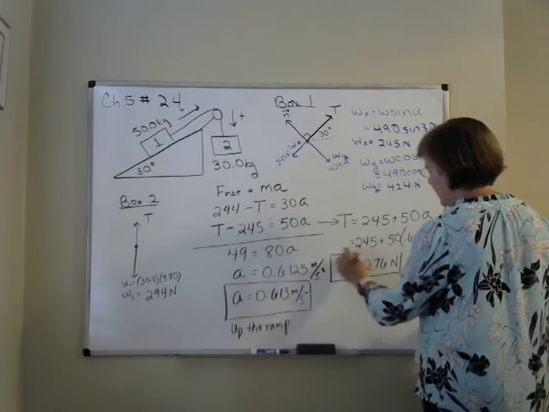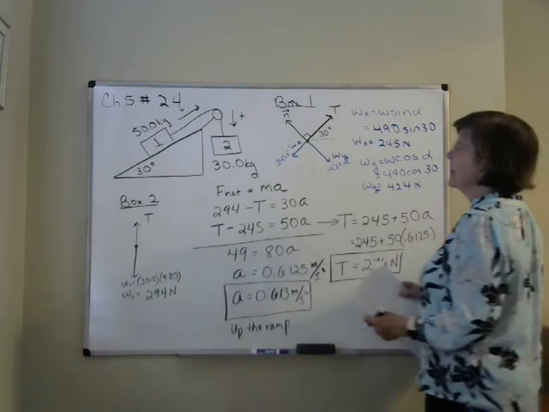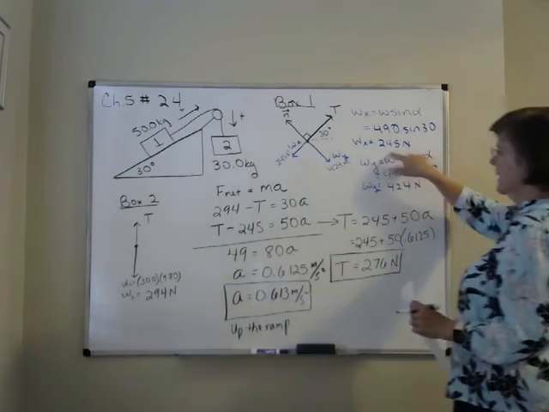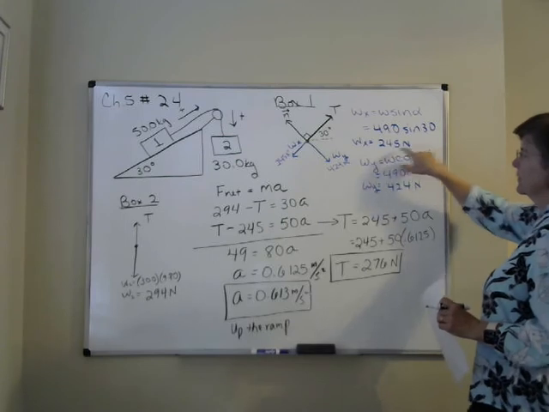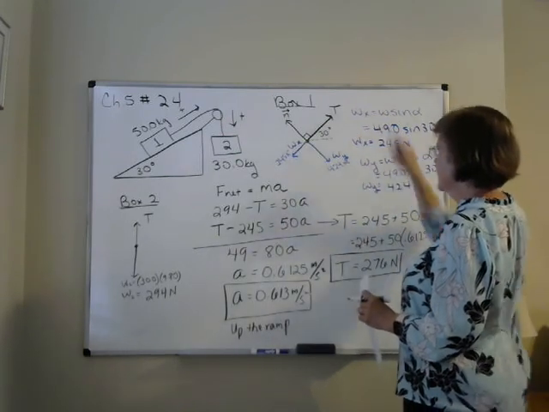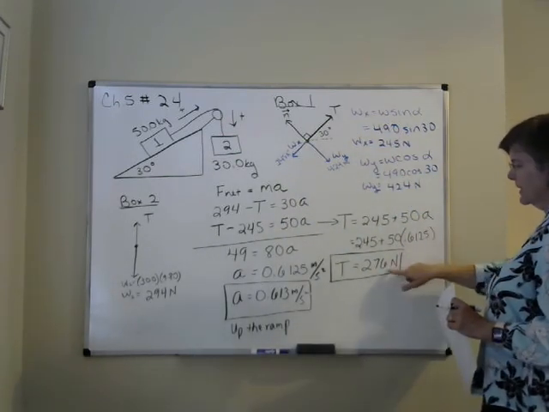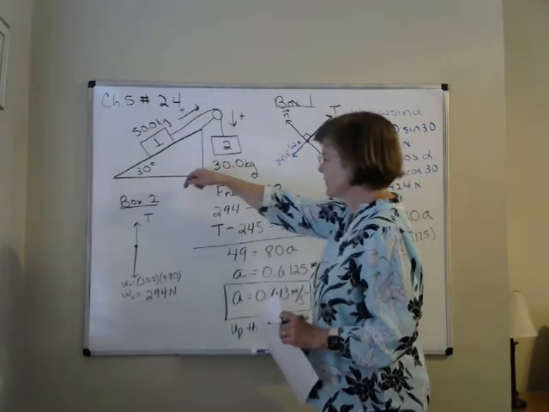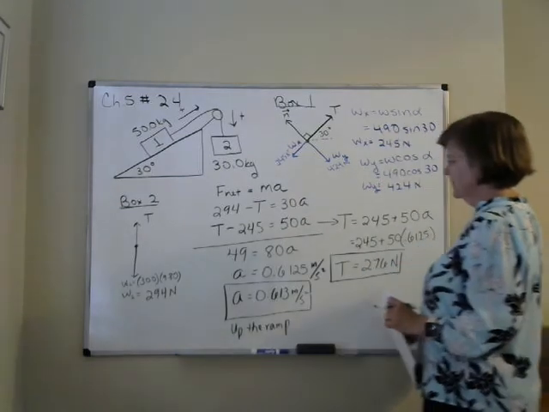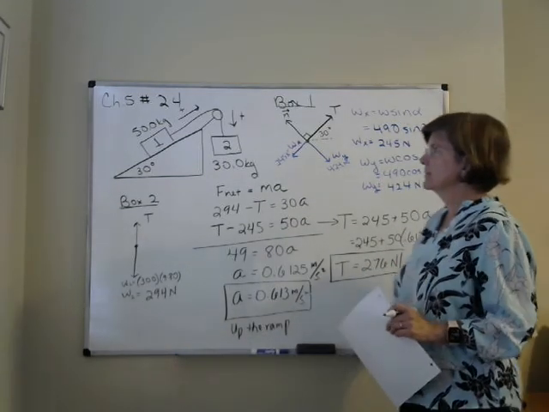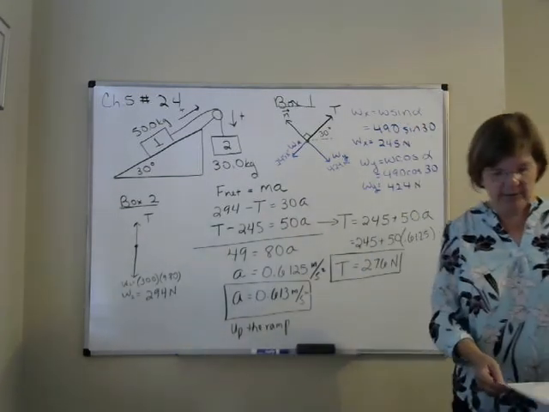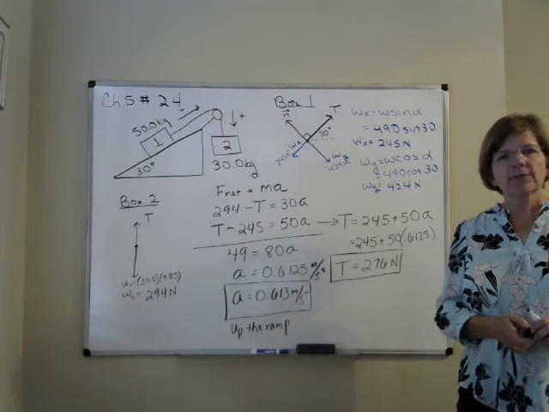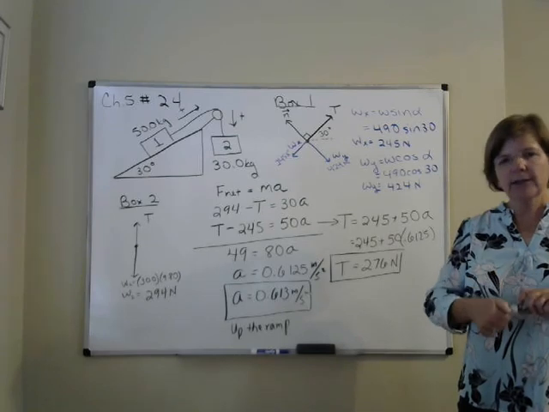And that makes perfect sense. 276 is more than W1. It's more than 245. It's enough to pull this up the ramp. And 276 is less than W2. It's less than 294, so it makes sense that that would go down. So that's the solution to number 24 in chapter 5. Okay, so that gives you some ideas about how we can apply Newton's second law.